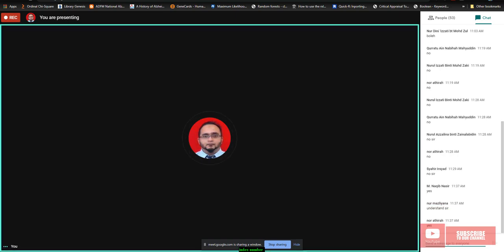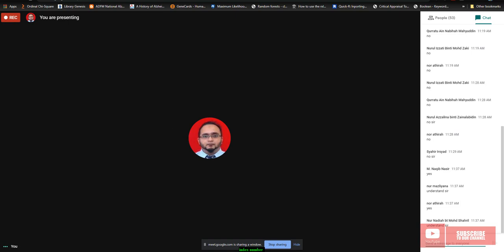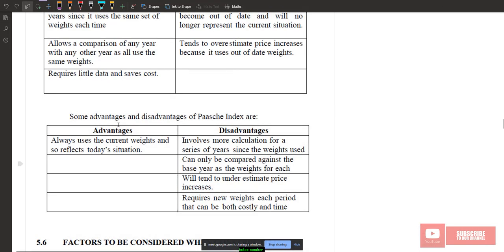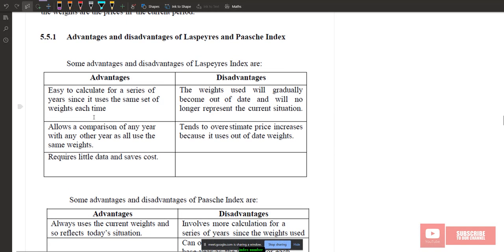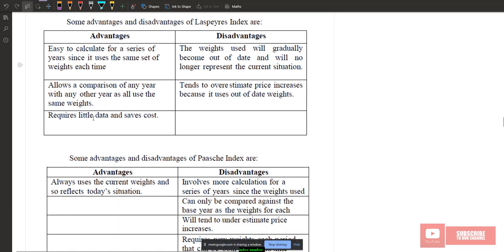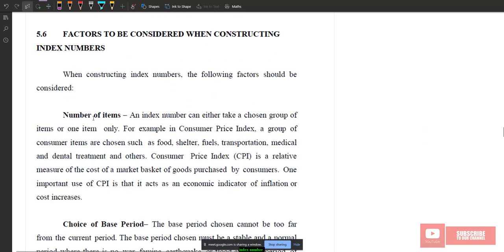Okay, good. For the advantages and disadvantages of the Laspeyres and Paasche index numbers, I will give you this note later. I want you to read and understand the advantages and disadvantages of Laspeyres, and the same goes for the Paasche index.